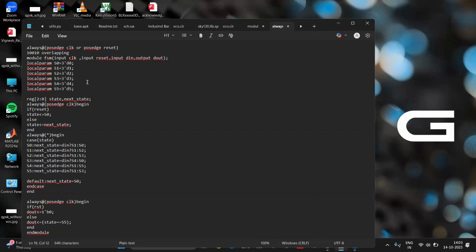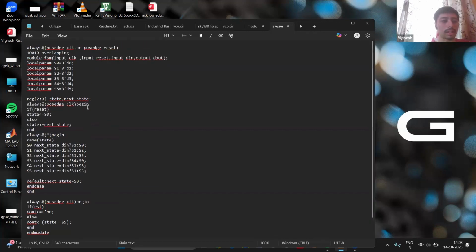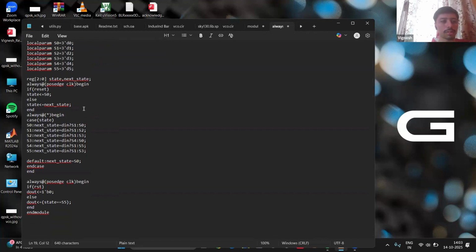Yeah, this parameter is like declaring a constant from outside the module during instantiation. So the local parameter cannot be overridden. Yes, localparam cannot be overridden. It is local to the module itself.